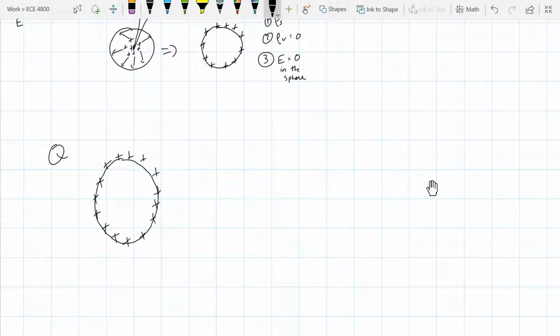So the surface charge density, rho sub s, is equal to the total charge divided by the surface area of the sphere. So it's equal to Q divided by 4 pi a squared. The radius of the sphere is given to you as a.